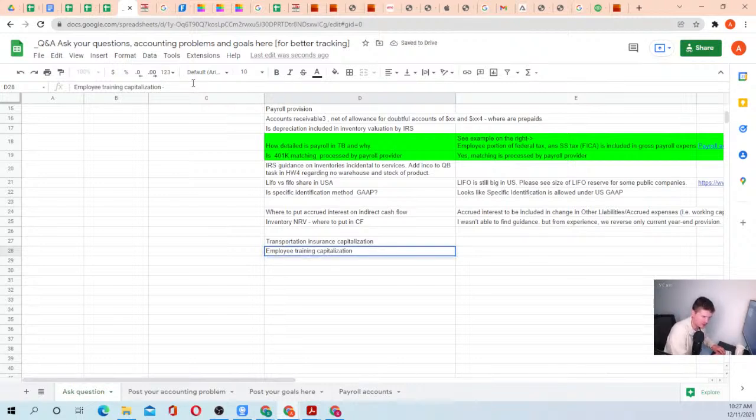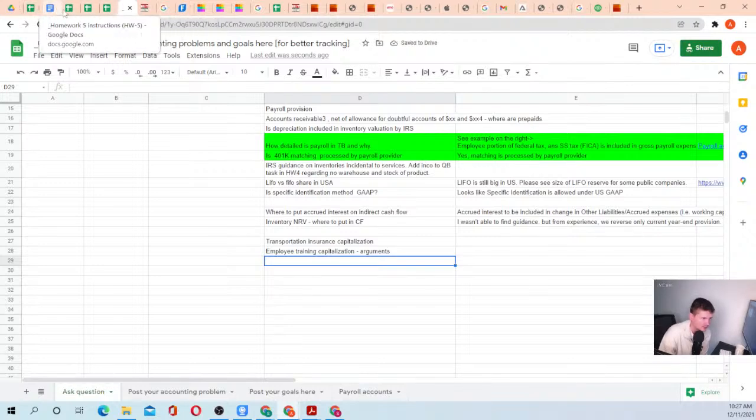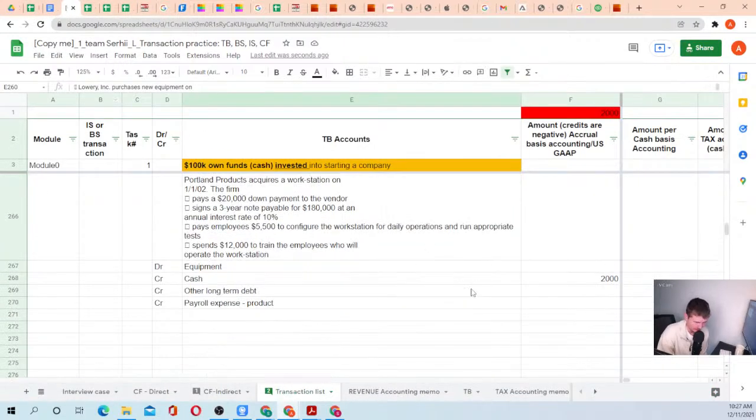I'm more interested in what the arguments are, how they argue about whether it is capitalizable or not. Okay, so other long-term debt, let's call it 18,000, and that will be 5,500, and cash was 2,000, and we got that.